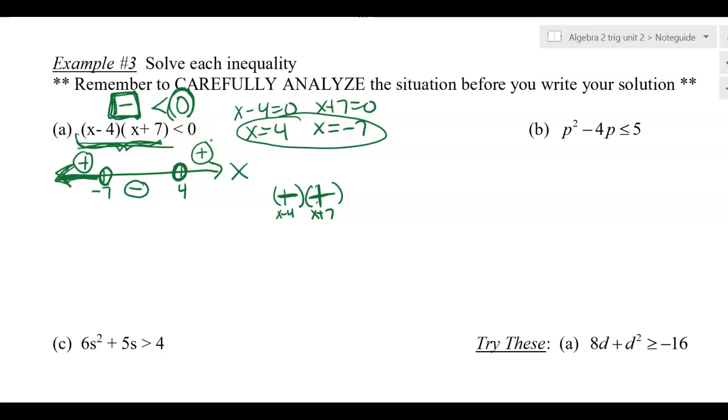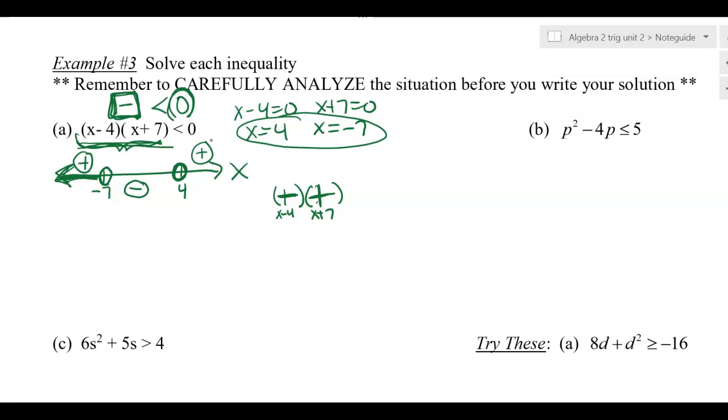Okay? Now that we've wrapped our head around what's happening, we know where this equals 0, where it's making things that are bigger than 0, and where it's making things that are smaller than 0. Go back and figure out, what are you supposed to answer to this question? What makes this inequality true? You want the left side of this inequality to be what?